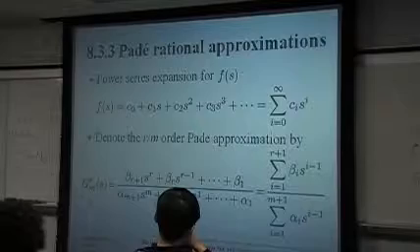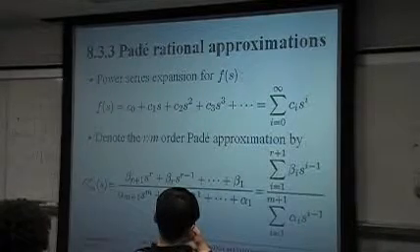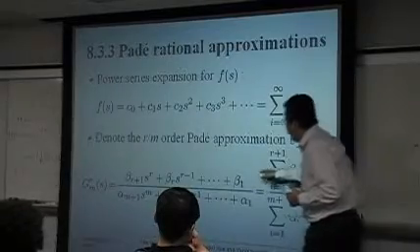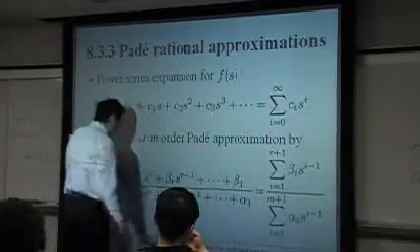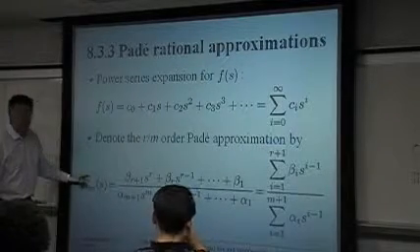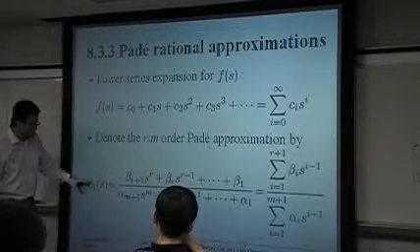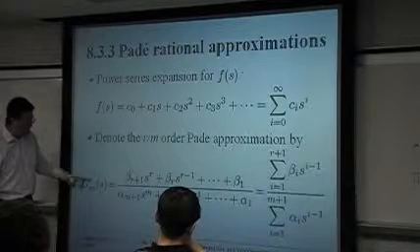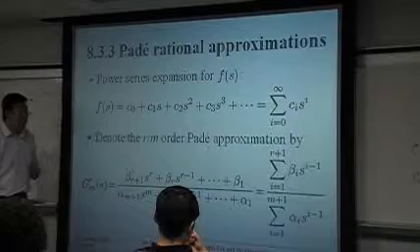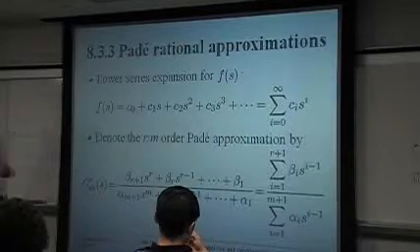This is the original function. And by means of Padé approximation, we can have a standard form like this when we denote [M/R], which means numerator order and denominator order. We can select them independently. So this is the standard form of Padé approximation.